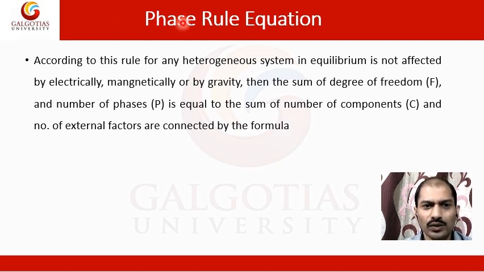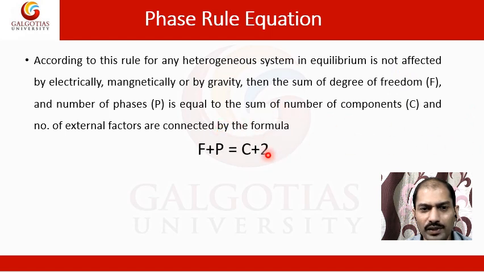So the phase rule equation: according to this rule, which is called the phase rule, for any heterogeneous system in equilibrium which is not affected by electrical, magnetic, or gravitational forces, the sum of degrees of freedom and number of phases equals the sum of number of components and number of external factors, connected by the formula.